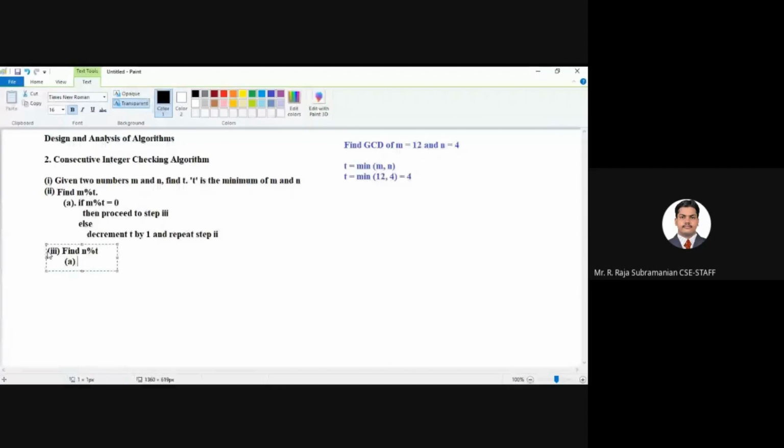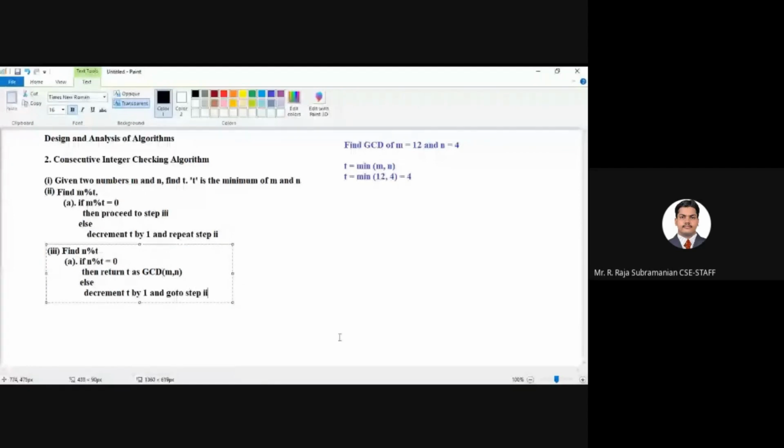If n modulo t is equal to 0, then return t as the GCD of m comma n. So the GCD of m comma n will be t, right? Else, what do I have to do? Same thing: decrement t by 1 and go to step 2.